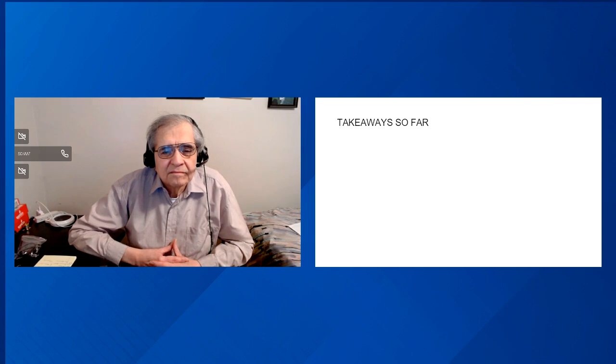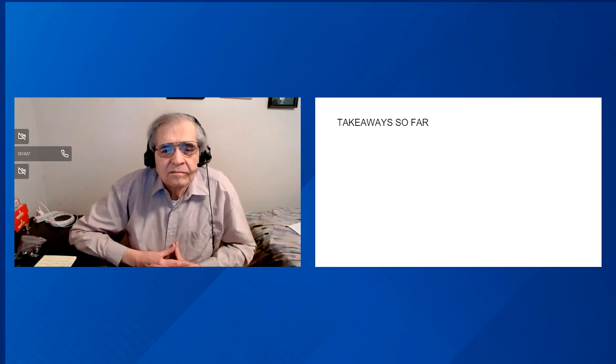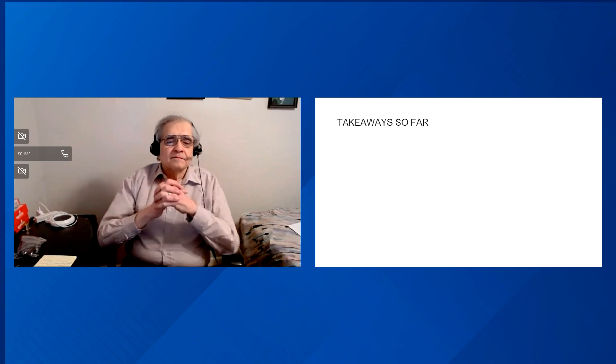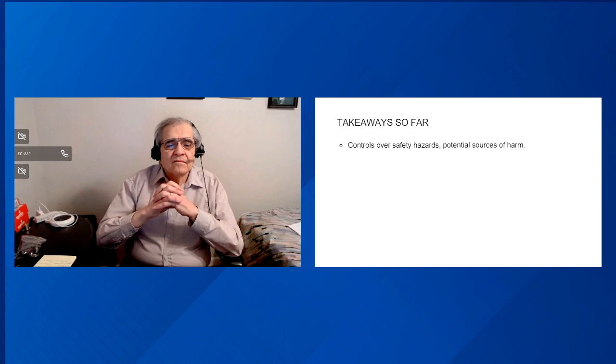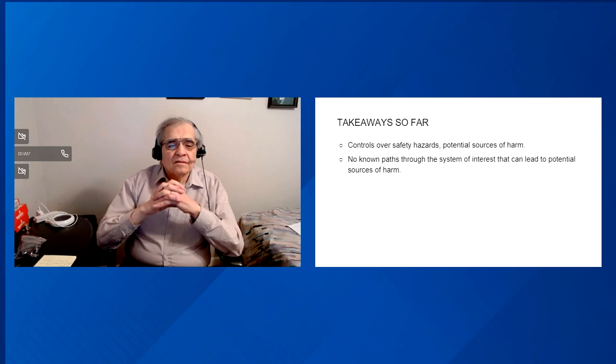Okay, let me sum up what we have covered so far. When we speak about controls, it's not so much about control systems, but it's controls over safety hazards. That is, controls over potential sources of harm. The objective is no known path through the system of interest that can lead to potential sources of harm.